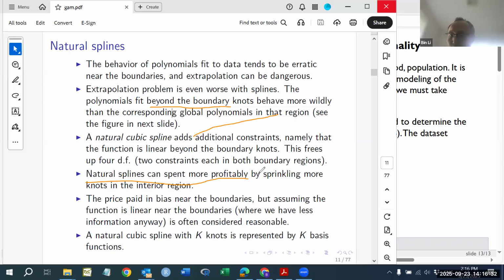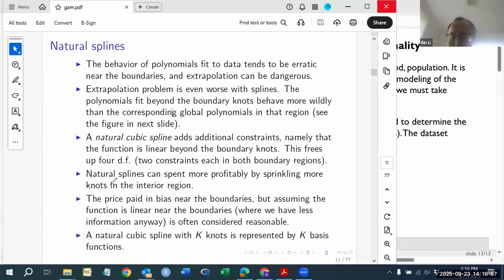Outside the range of the boundary, it should go linear, so it goes with the tangent. In that way, it might still have some boundary effect, but that boundary effect is much smaller compared to using the cubic spline, the B splines. Okay, so that's the purpose of the natural spline.